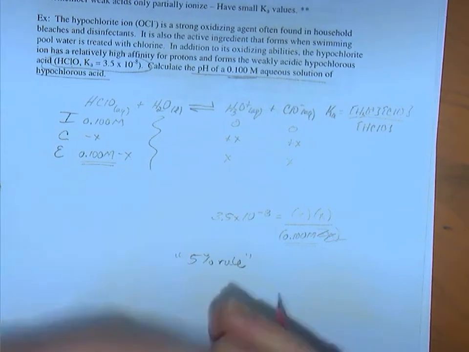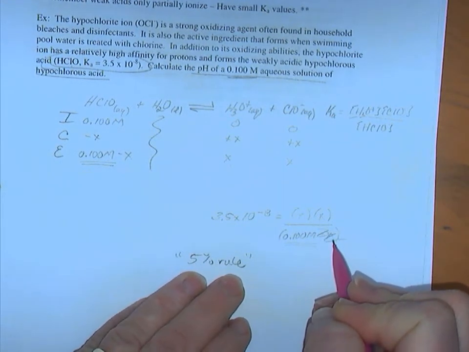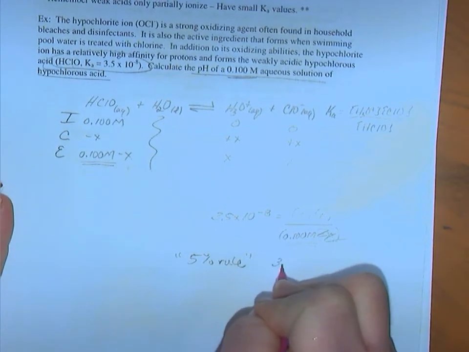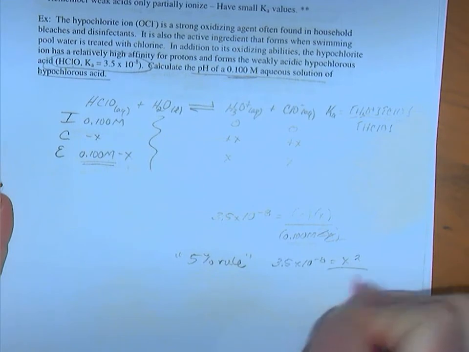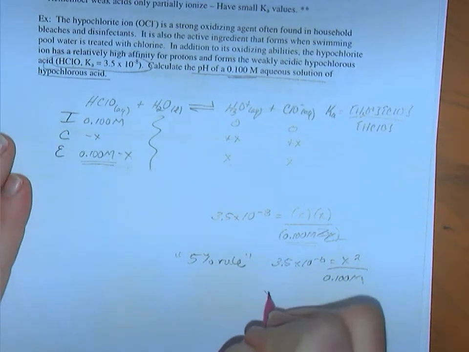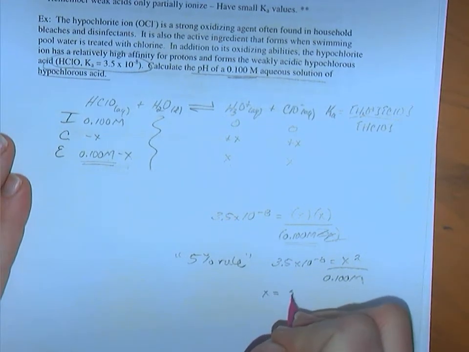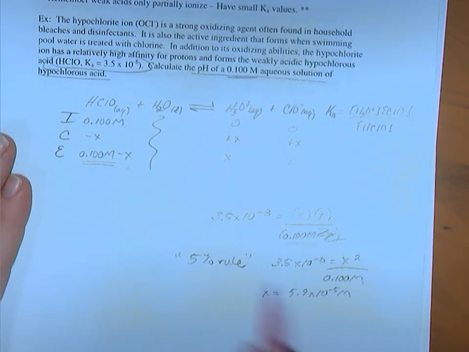So let's just see. If I ignore the subtraction of X, then I get 3.5 times 10 to the minus 8th is equal to X squared simply over 0.1 molar. Then, if I keep going, I find that my X is equal to 5.9 times 10 to the minus 5th. And I'm solving for concentration, so I know it's molarity.